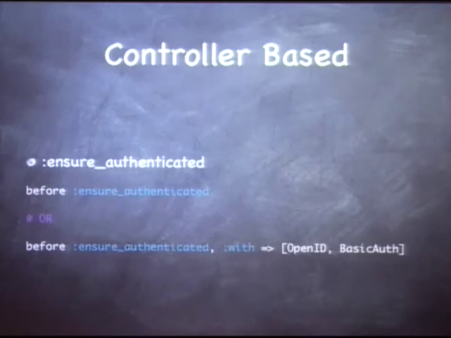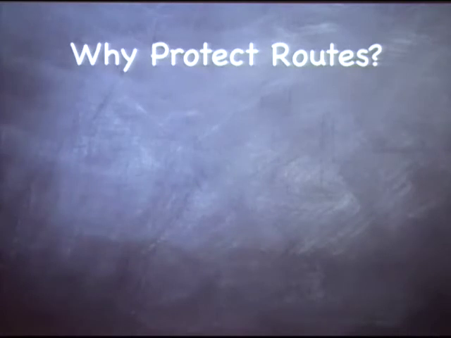You use a before filter with a method, and you can pass it again the particular strategies. If you don't pass it an argument, it will use every strategy you've listed. If you do pass it an argument, it will try each one in order. And it will just keep going until it finds one that passes or fails, in which case it will ditch you out to a login form.